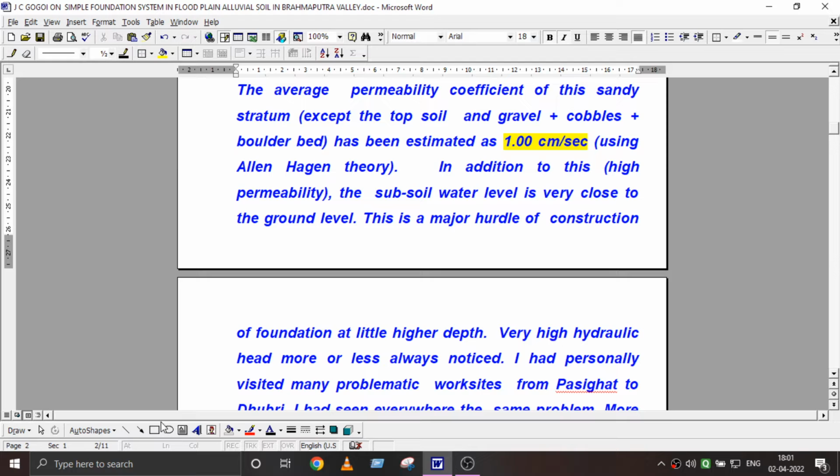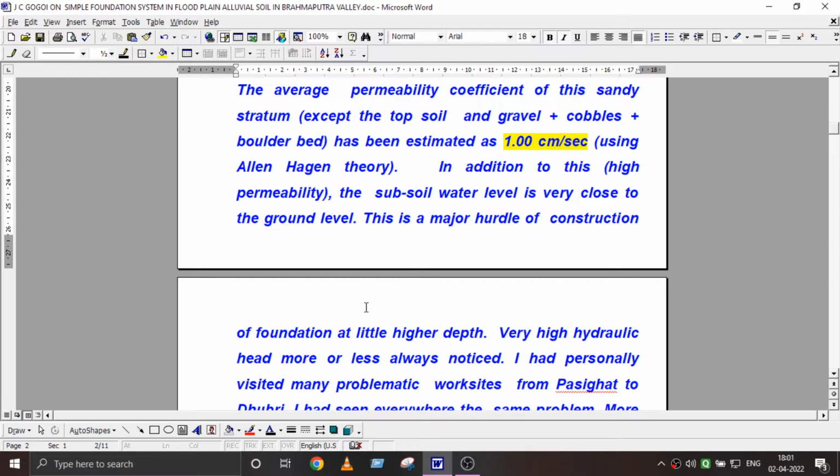Very high hydraulic heads are more or less always noticed because, as I told earlier, when we excavate a pit, normal water level will be encountered at about 0.5 meter or 0.7 meter or even 1 meter. When we are excavating up to 3 meter, we shall be pumping out to go beyond 1 meter.